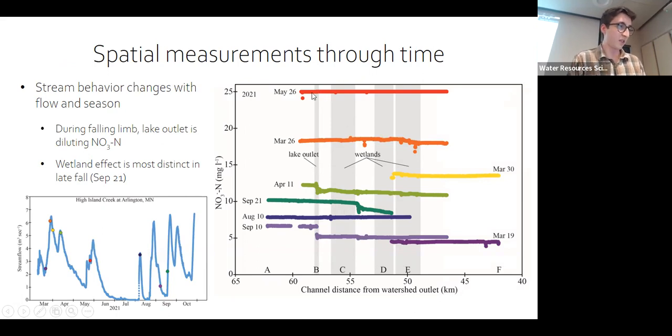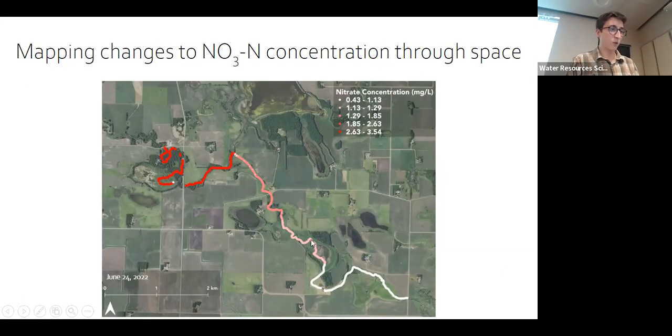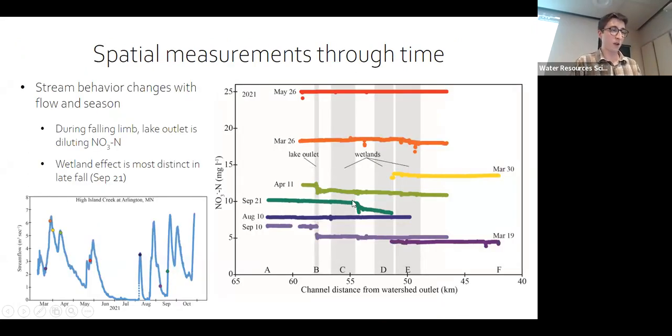But May 26th, when flow is really high, and early spring, March 26th, there's not really any sort of increase in residence time or much biological activity happening here. So potentially, at some of these points, there's some in-stream processing of the nitrate, but that's not happening at these dates where you have very high flow, so water moving through these wetlands very rapidly in colder temperatures, so just less biological activity overall.